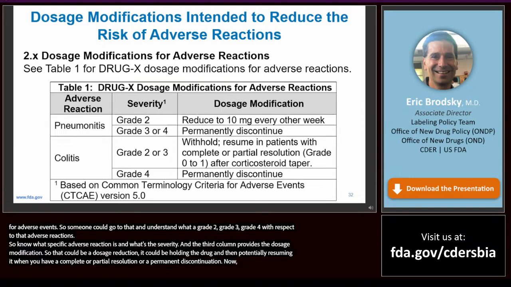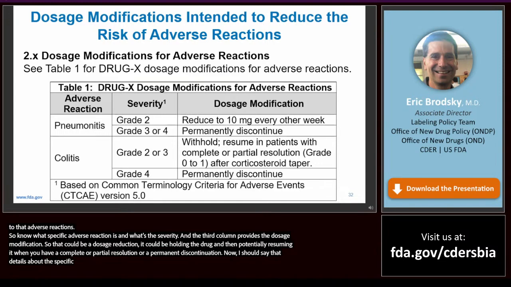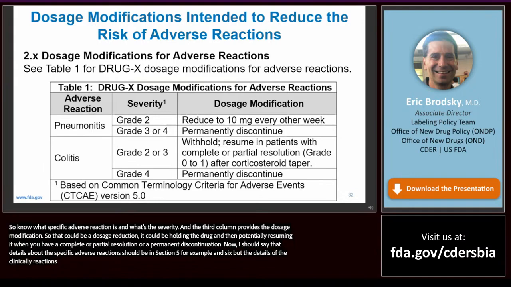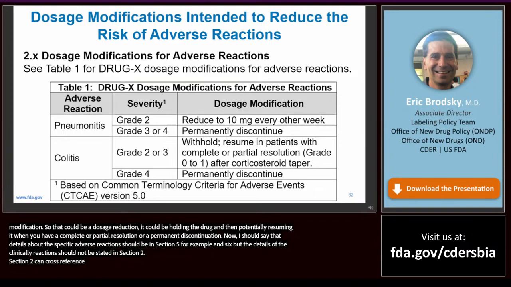Now, I should say that details about these specific adverse reactions, pneumonitis, colitis, should be in Section 5, for example, and Section 6. The details of these clinically significant adverse reactions should not be stated in Section 2. Section 2 could cross-reference to Section 5 for those details.